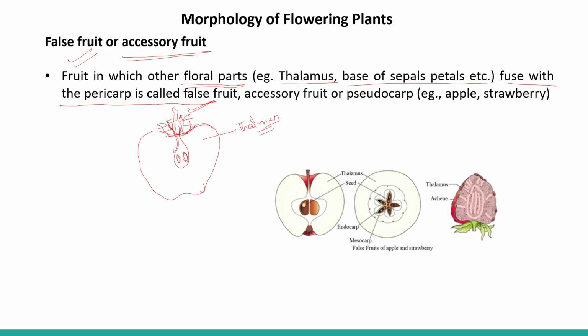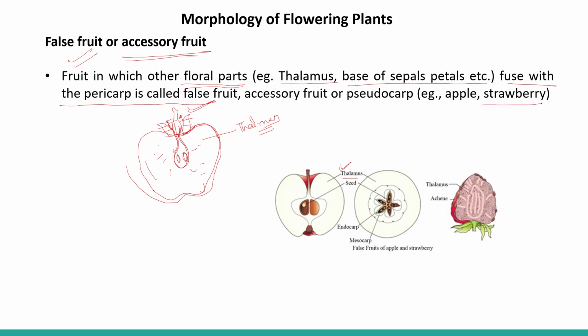But the ovary is embedded in the thalamus, and this thalamus becomes swollen and works as a fruit. So the thalamus in the case of apple is the edible part.